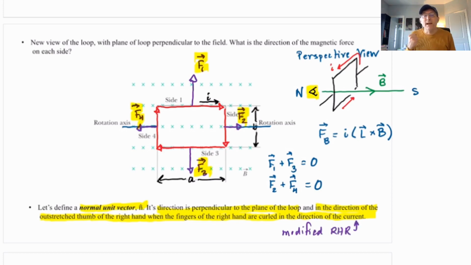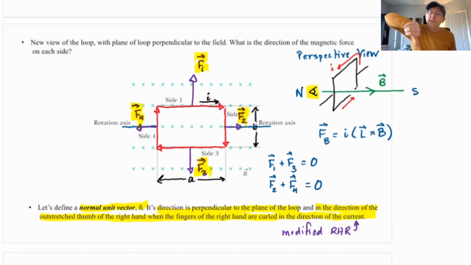So what you do is you take your right hand, stick out your thumb like you're hitchhiking, take the palm of your hand with your fingers and reach in with your fingers as if you were going to wrap them around the loop the way the current is flowing. As I look at the screen here, the current's flowing clockwise, so I have to have my fingers curling clockwise. If I did this way, my fingers would be curling counterclockwise.